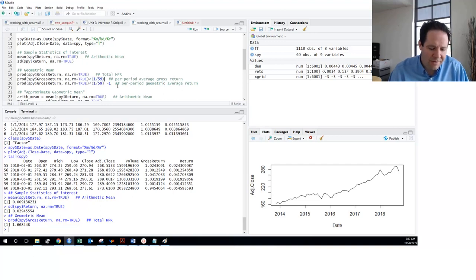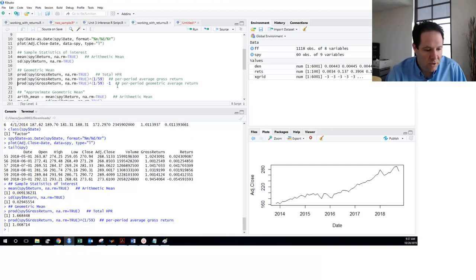That has the effect of asking how much per month you would be compounding at a constant rate to get this return. You can see that the rate at which we're compounding, the gross return, is going to be 1.008. That's 0.87% per month.